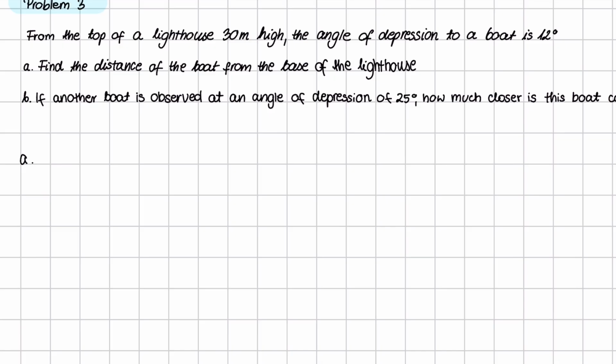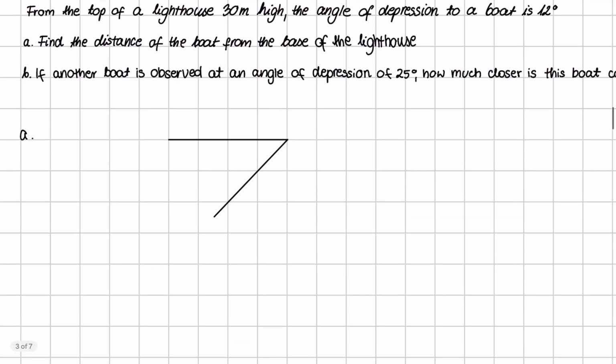So the angle of depression is when we have a straight line, and let's imagine that we are in an airplane, for example in here, so we are in the sky, and here we can observe a human, so this is the angle of depression.